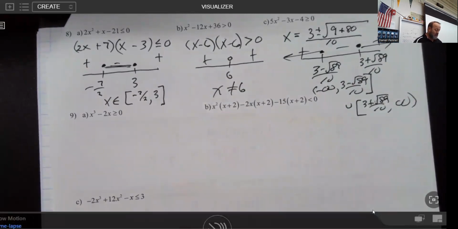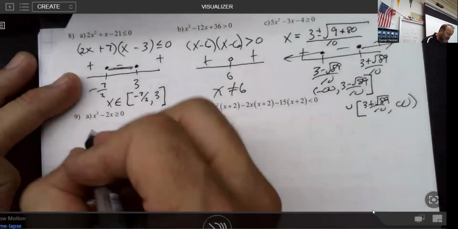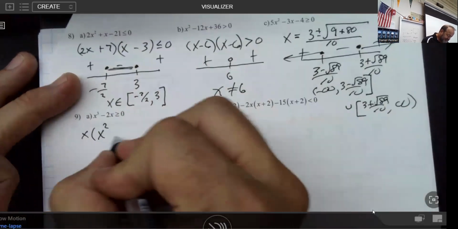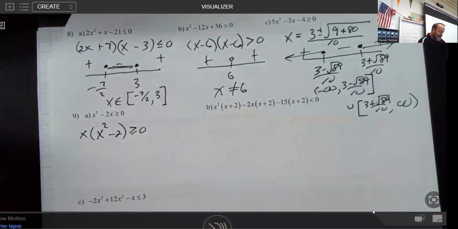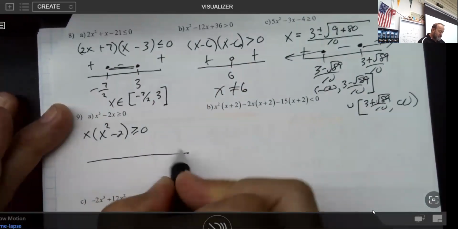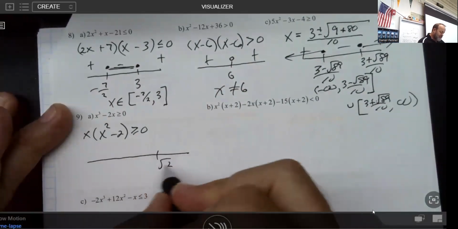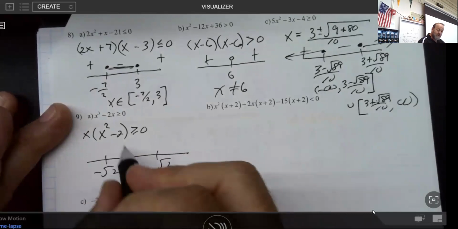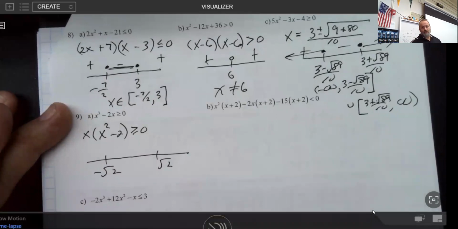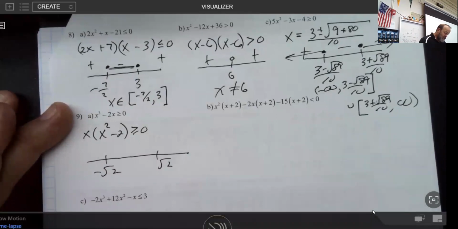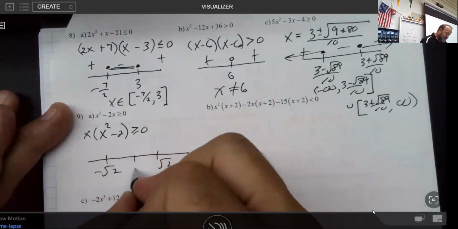We're really not going to have to work super hard because these both have an x in common. So if I do that, then I can see very rapidly that the zeros would happen at root 2, negative root 2. Those would be the two zeros of this part because root 2 squared minus 2 would be 0. And then if this part was 0, you'd have it as well.